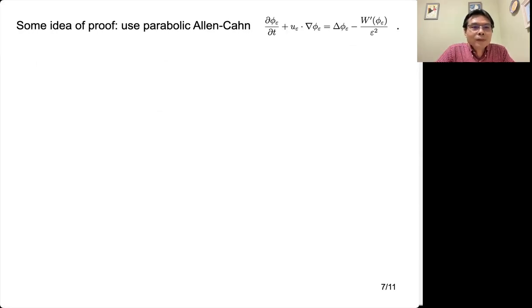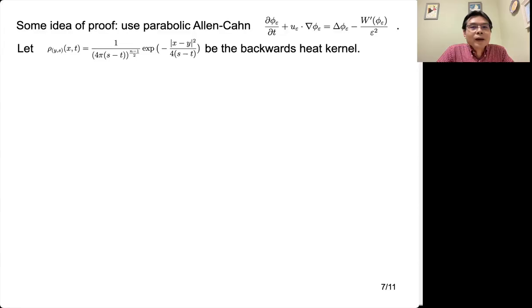One way is to use the so-called parabolic Allen-Cahn equation of this type. Without this extra term, that's very much studied by many people, and it's known that it converges to mean curvature flow. With this extra term, as far as I know, I don't see any work done in this direction. So anyway, we did it this way.